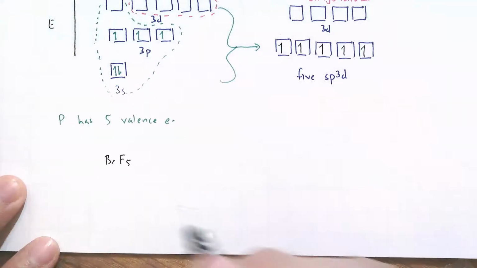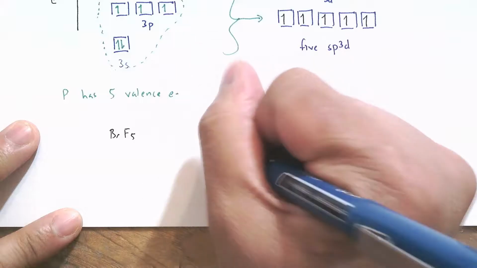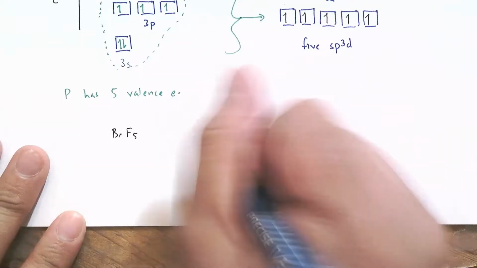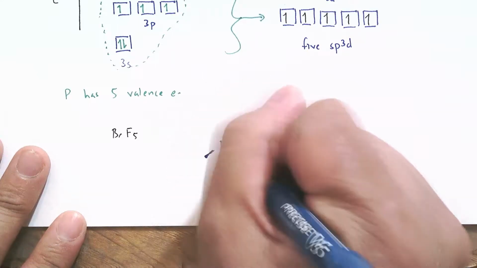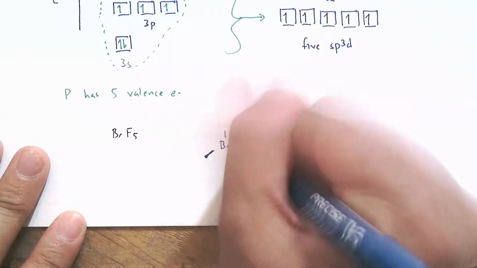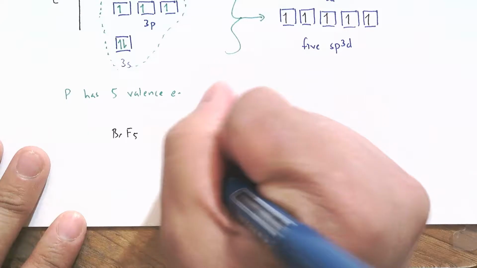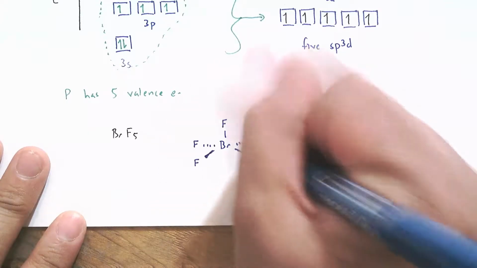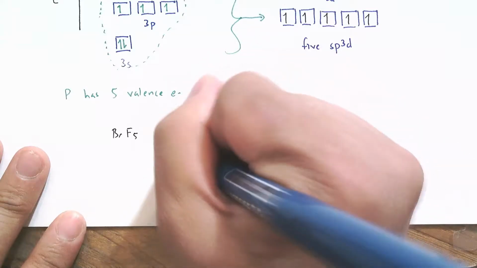So you have BrF5, and I'm not going to go through how I got to the final Lewis structure. I just know that the final Lewis structure has this shape. It's square planar, and Br has 1 lone pair. That's important because that will increase our balloons from 5 to 6.